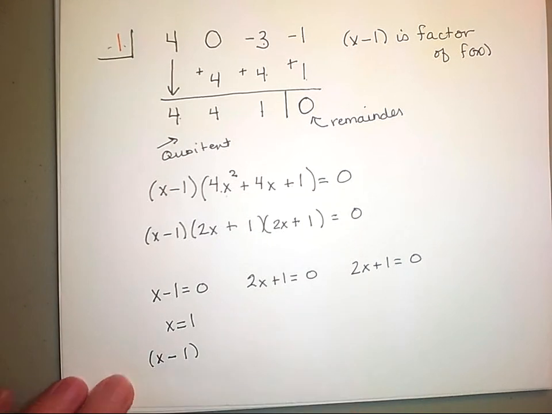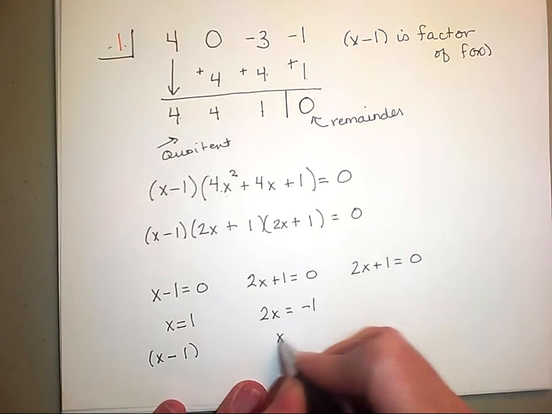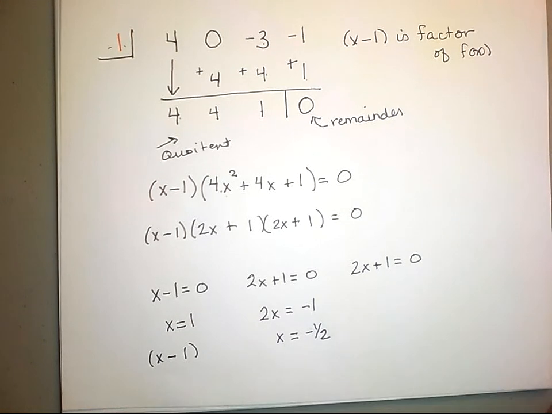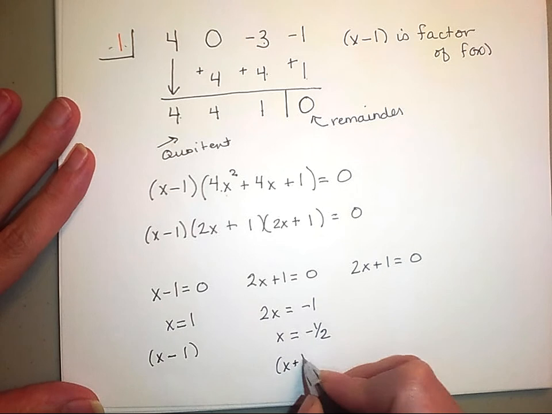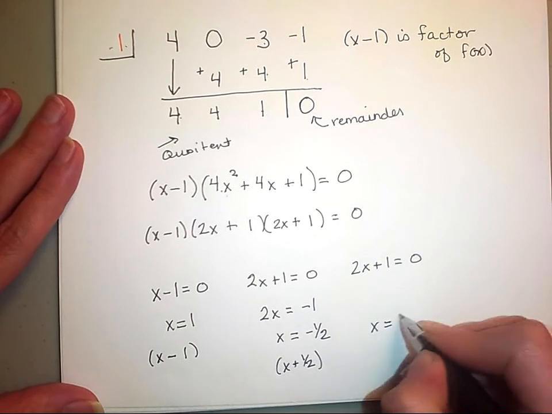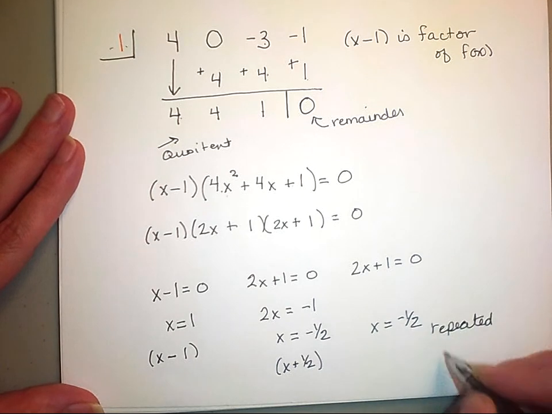Or 2x is equal to negative 1, so x is equal to negative 1/2. That would mean x plus 1/2 is a factor. And here also we'll get negative 1/2. Remember, this is a repeated root or solution for 0.